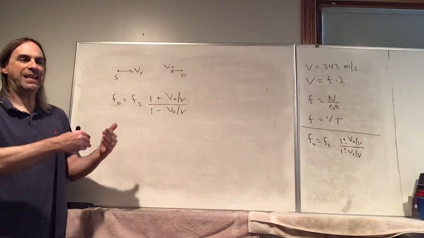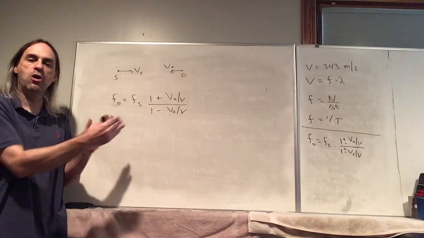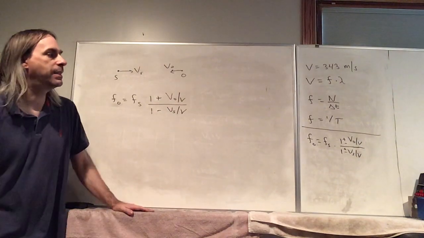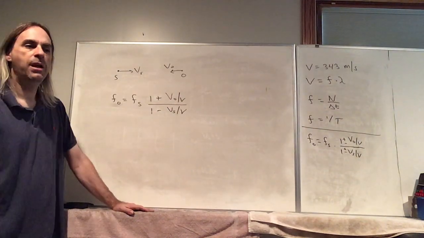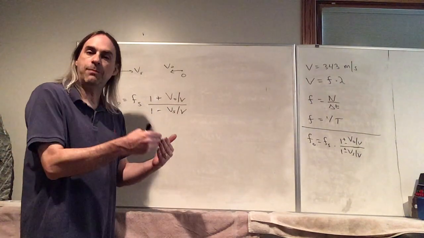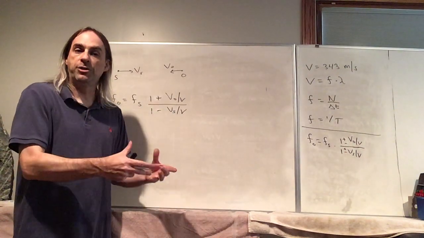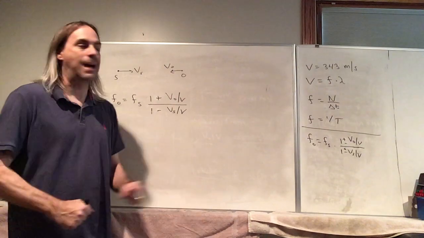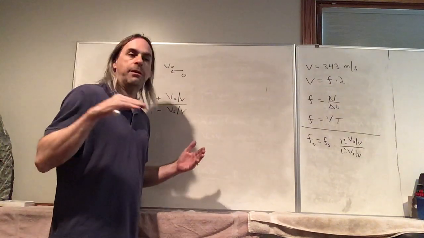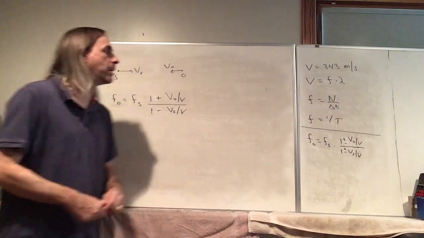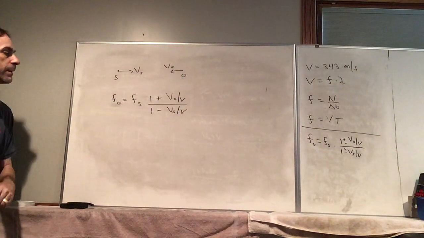The faster you move, the more closely packed these sound waves get towards each other. Remember, these are compression waves. They're high pressure. When you cram a lot of them together, the pressure builds up, and that's why you get this sonic boom. When the plane breaks through that barrier, it creates a sonic boom.